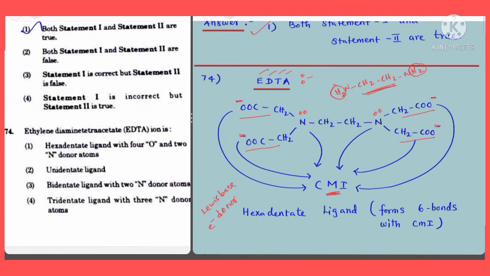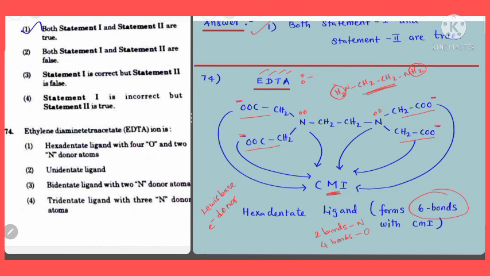So a single molecule of EDTA can make 6 bonds: 2 bonds are formed by nitrogen atoms, and the remaining 4 bonds are formed by oxygen atoms.